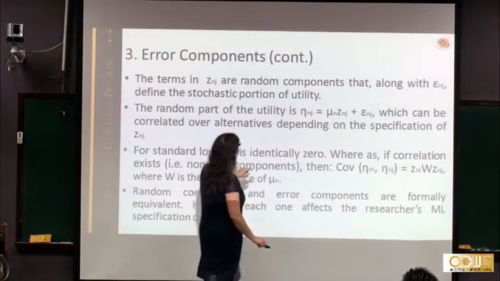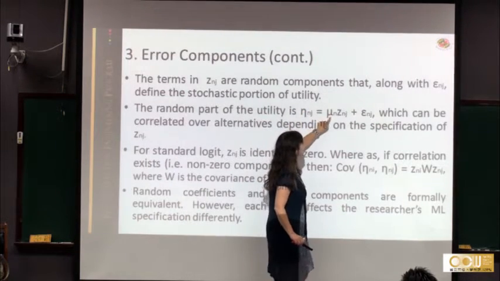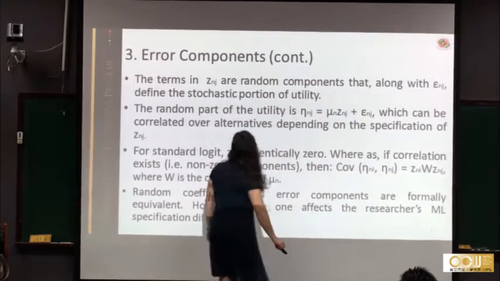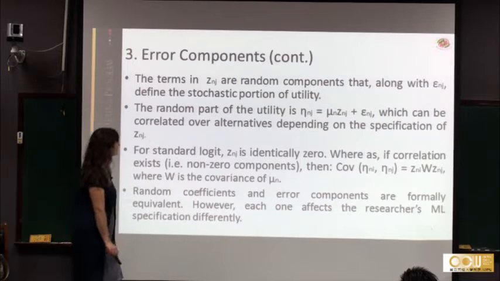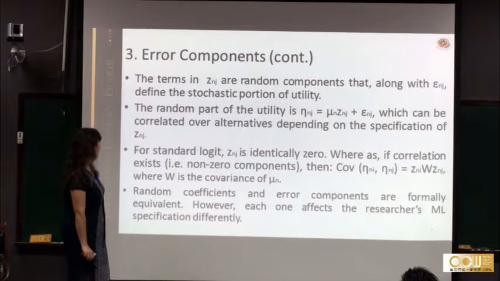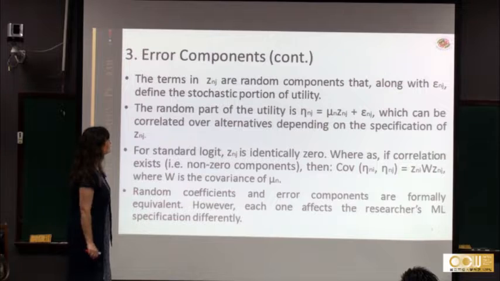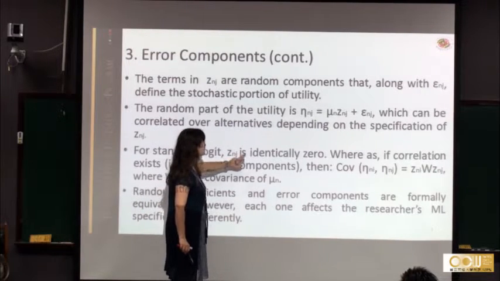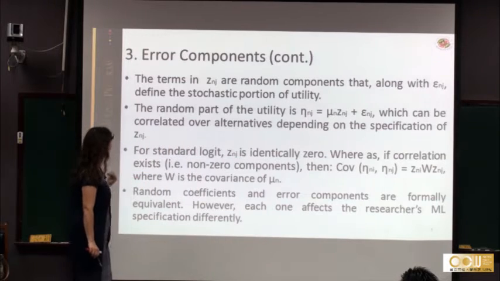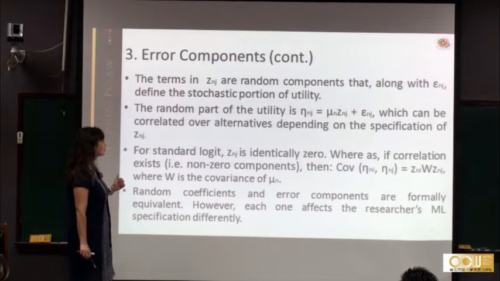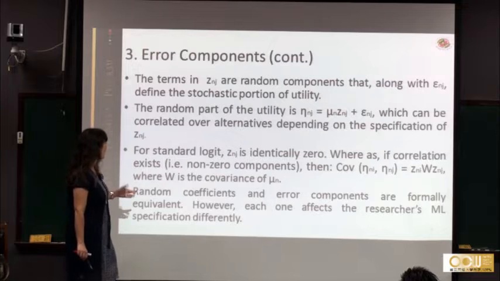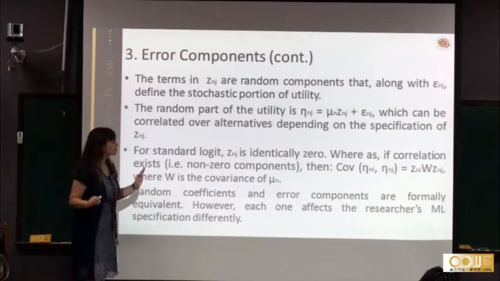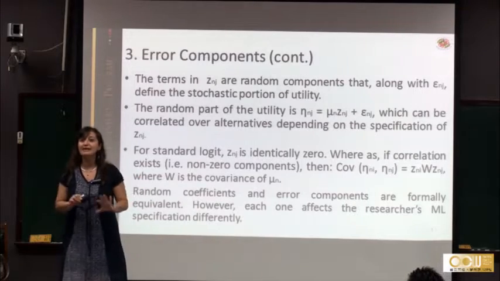And so you can see the random part of the utility as the sum of the mu z plus the epsilon. Okay, so for standard logit, of course, z is identically 0, while if correlation exists, for example, a non-zero component, then what you have to identify is the covariance, right, the W. Random coefficient and error component are formally the same thing.